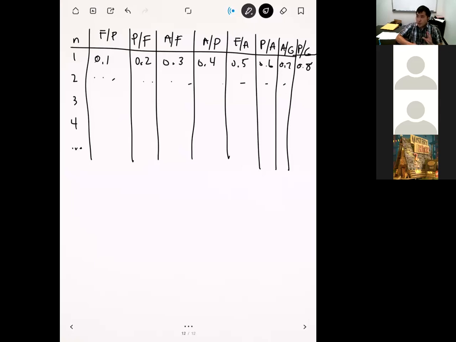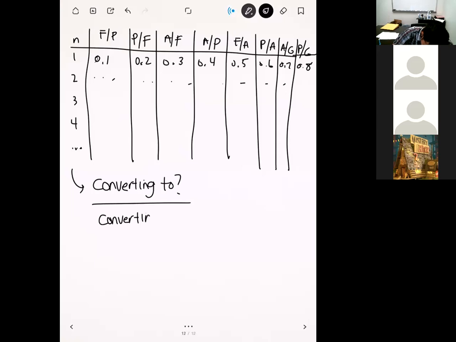The way you use this table is you need to ask yourself, what am I converting to and what am I converting from? The cash flow type that you're converting to should be in the numerator of your expression, and the cash flow type that you're converting from should be in the denominator.